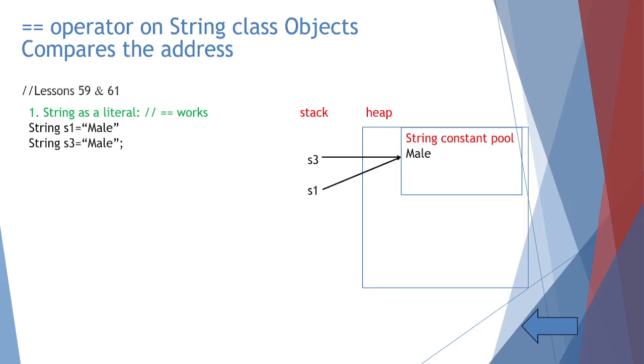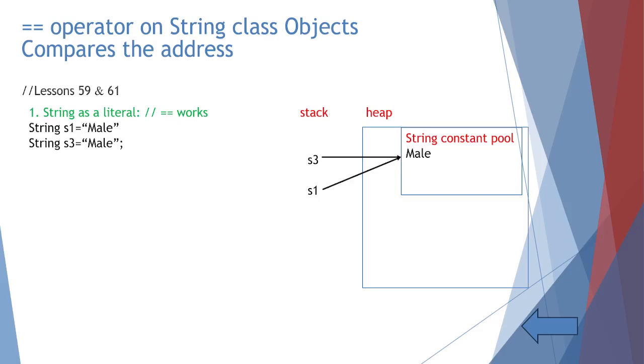That means S1 and S3, both of them have the same memory address. So the equality operator compares only the address. And if I say S1 double equals S3, it returns true, because both the objects are pointing at the same memory address.